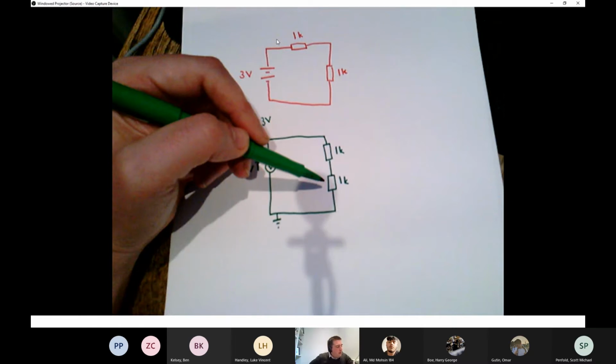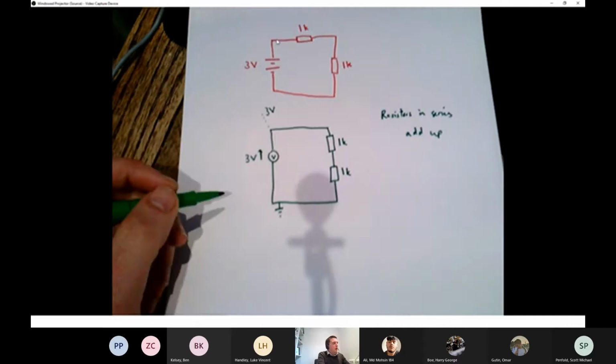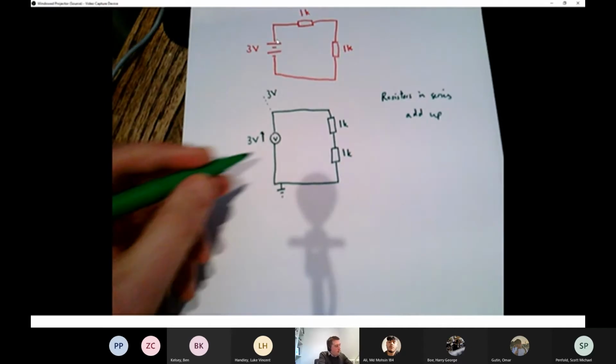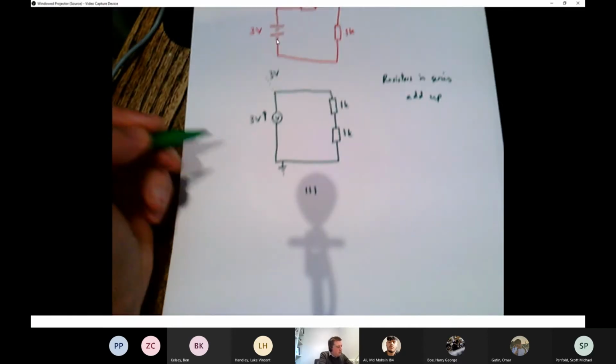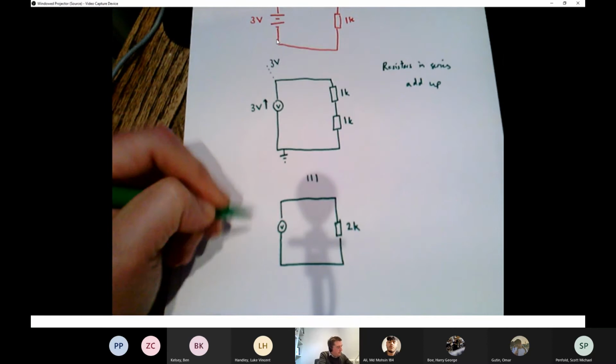Resistors in series add up. So I can say that in some sense that diagram I've just drawn is equivalent to this one, with a single resistor, which is 2K.